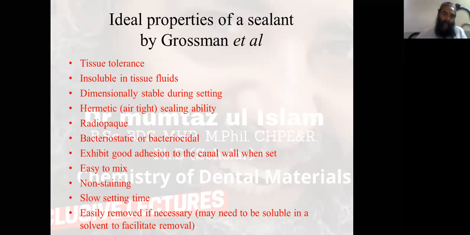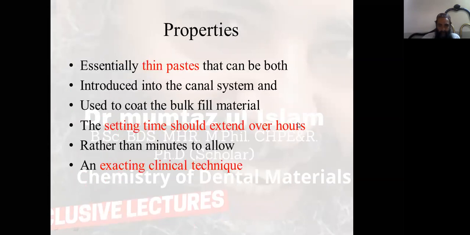So the ideal properties are these: tissue tolerance, insoluble in tissue fluids, dimensionally stable during setting, hermetic, meaning airtight sealing ability, radio-opacity, bacteriostatic or bactericidal, good adhesion to the canal wall when set, easy to mix, non-staining, slow setting time, and easily removed if necessary. It may need to be soluble in a solvent to facilitate removal.